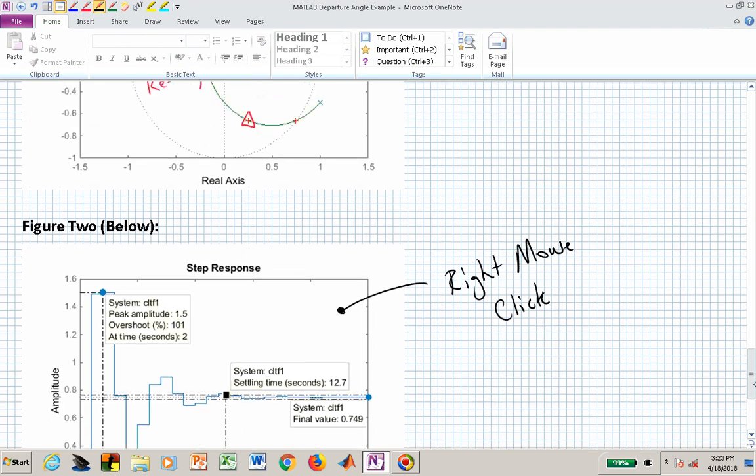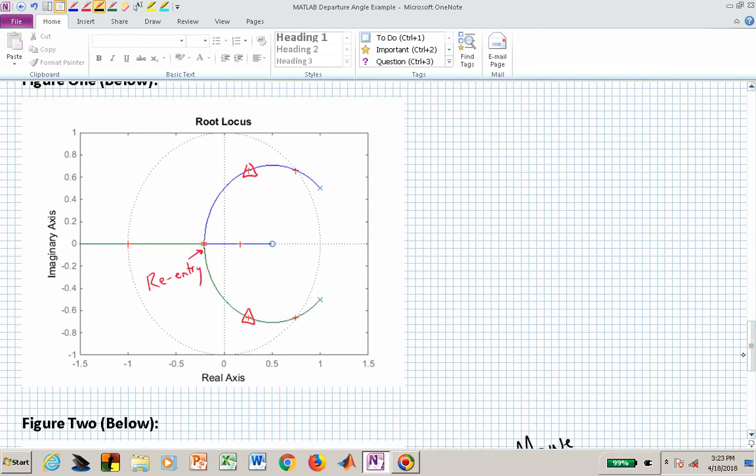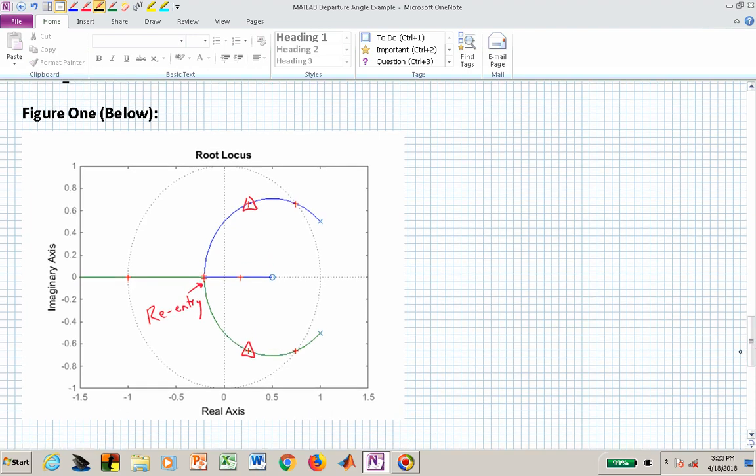If that's not acceptable, then we either need to relocate these triangles by a different choice of gain k, or we may want to introduce a different controller. In this case, all we did was have a gain controller, and the main reason we did that is so that we could then see how to calculate the departure angle from these particular complex poles.